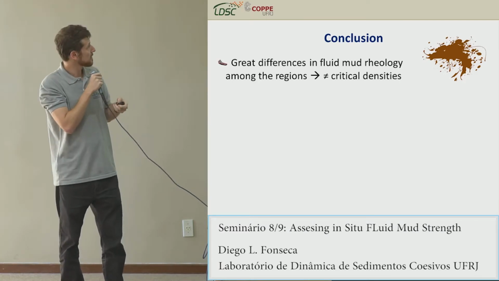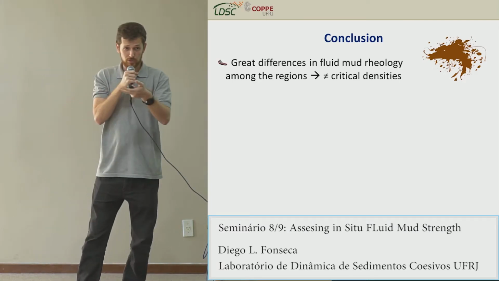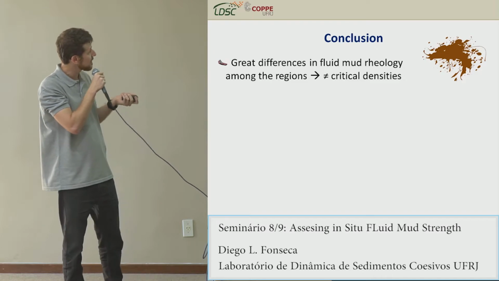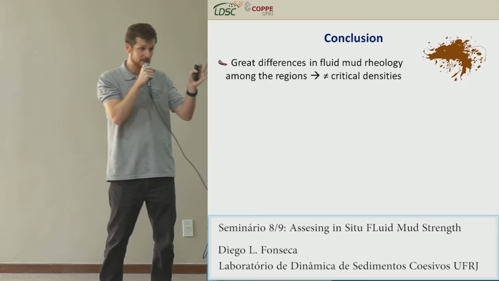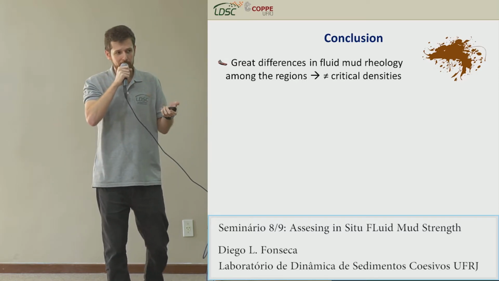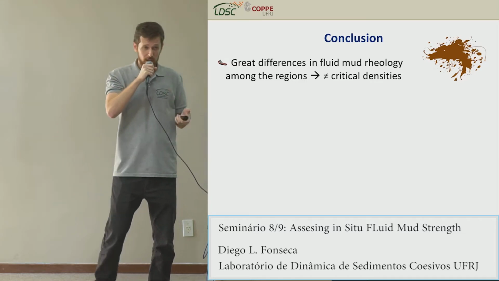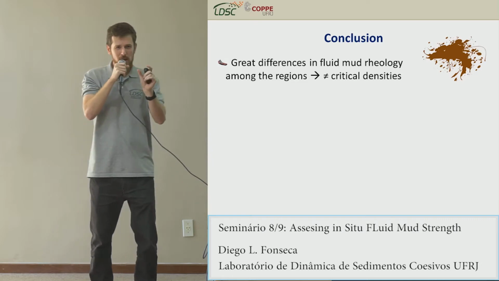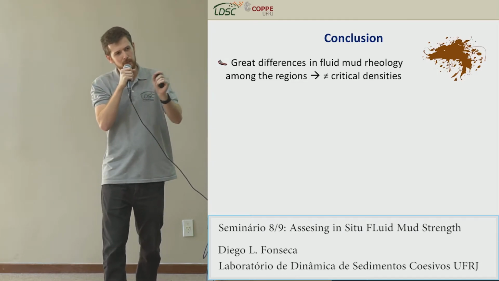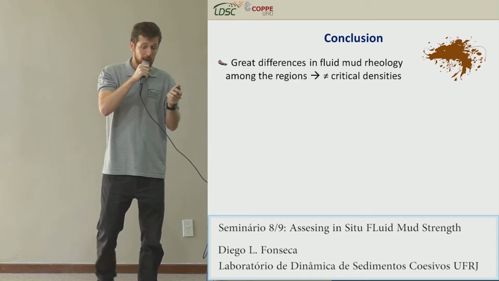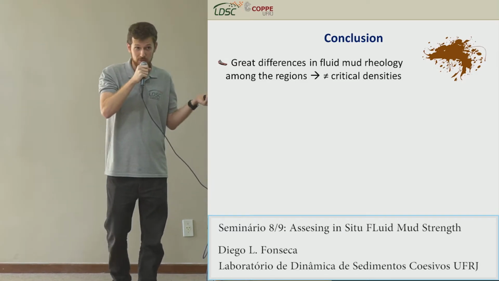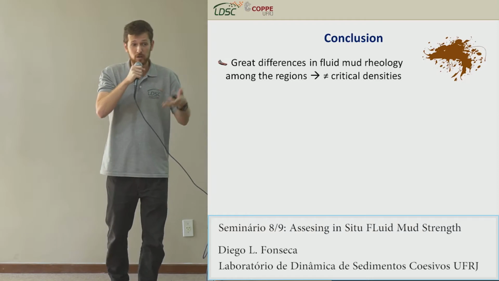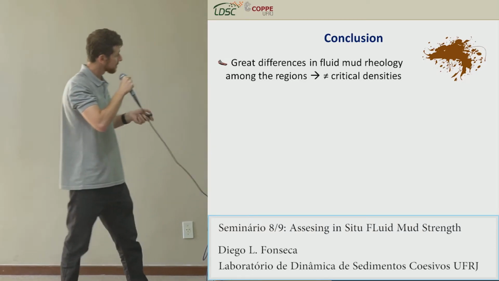So, as conclusions, as Caio showed you, we have great differences in fluid mud rheology when we compare different regions. So this density criterion is not universal. As you saw in the table, the values were quite close, from 1150 until 1250, but sometimes they can be really high, as I showed you for the Amazon, for example, even above 1300.